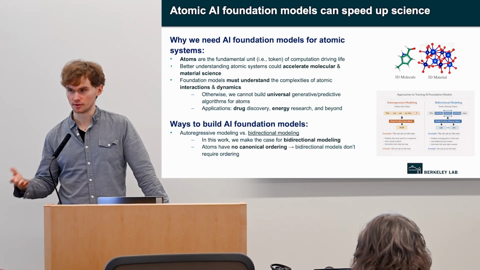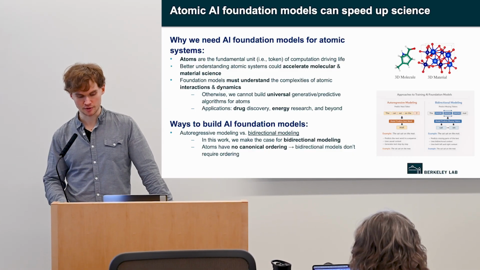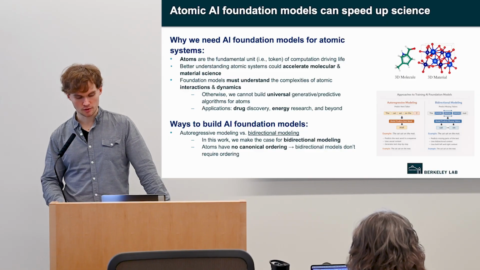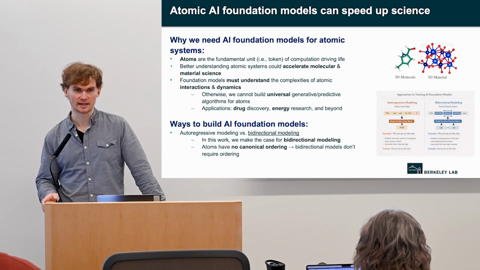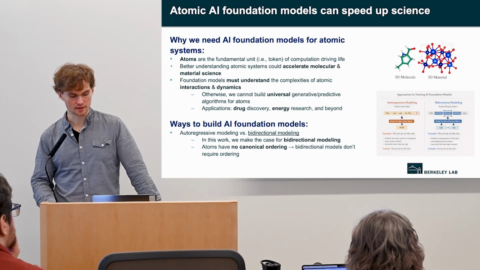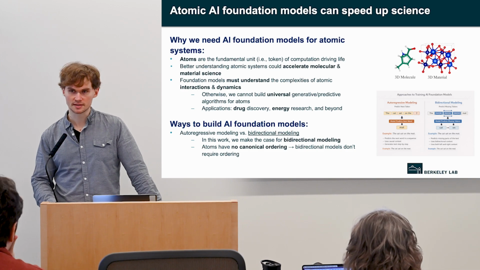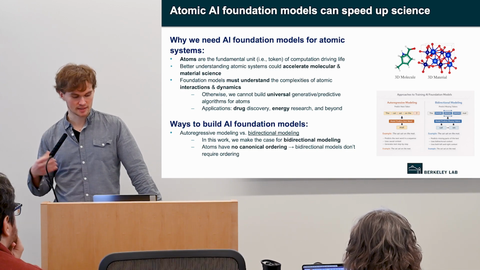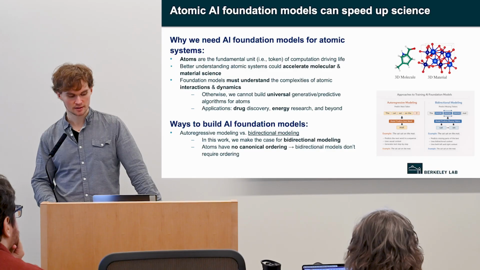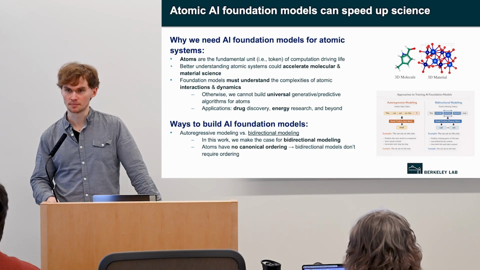Now, how would you actually build this if you had a collection of atoms and a bunch of data sets with those atoms in them? There are two main approaches to building foundation models in the AI community these days. Many others, but two main ones are autoregressive models and bidirectional models. BERT is an example of a bidirectional model, and ChatGPT is an example of an autoregressive model.